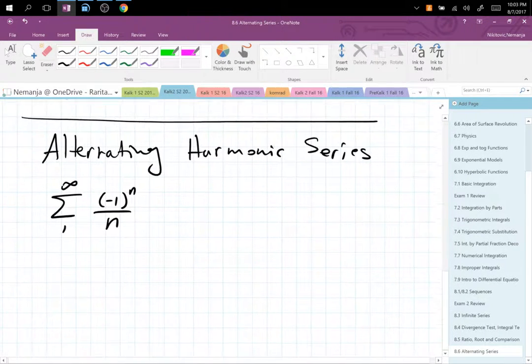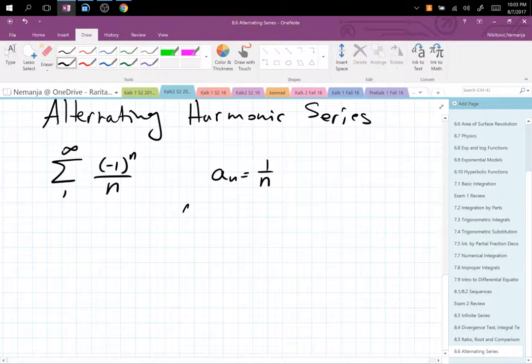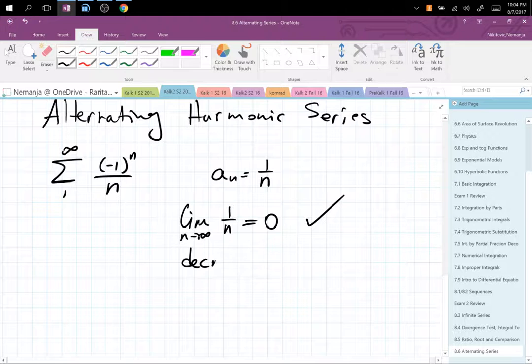So where do we begin? We understand that a_n is just 1 over n. We need to take the limit of 1 over n as n goes to infinity. We get 0. And we also know that it's decreasing, because of the graph or the derivative, whatever you like.